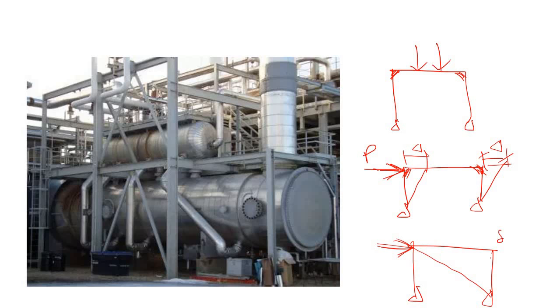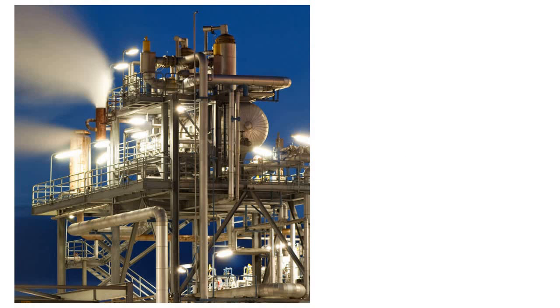So here delta is almost negligible, correct? And this lateral drift, or the allowable lateral drift, is almost negligible in the case of a process unit. Why? Because there are many instruments and piping systems very closely located.